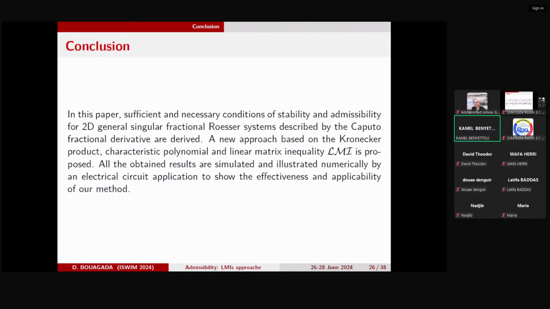All these results are simulated and illustrated by a numerical example of an electrical circuit application to show the effectiveness and applicability of our method.